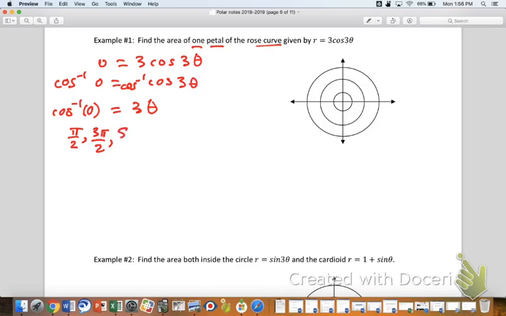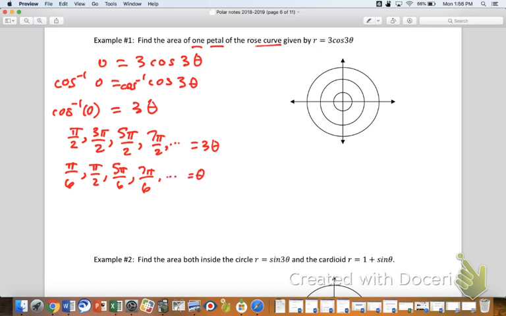Okay, so 5 pi over 2 and 7 pi over 2, plus dot dot dot. They all equal 3 theta. Therefore, my angles would be pi over 6, pi over 2, 5 pi over 6, 7 pi over 6, dot, dot, dot, equals theta.